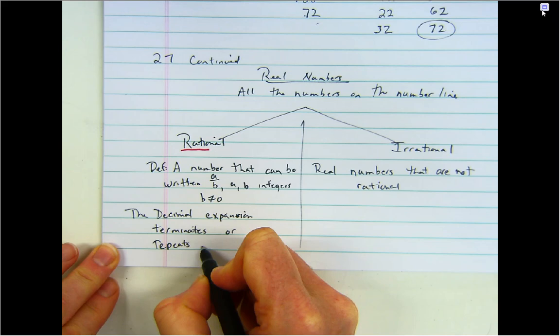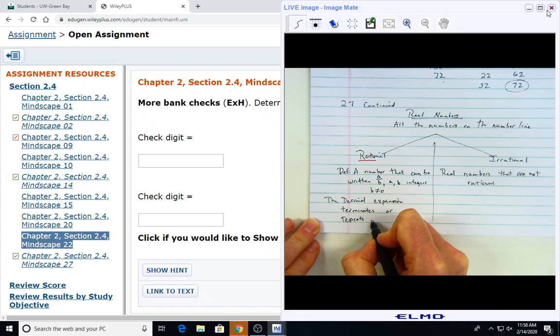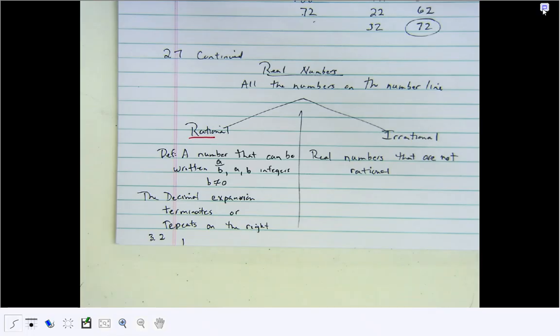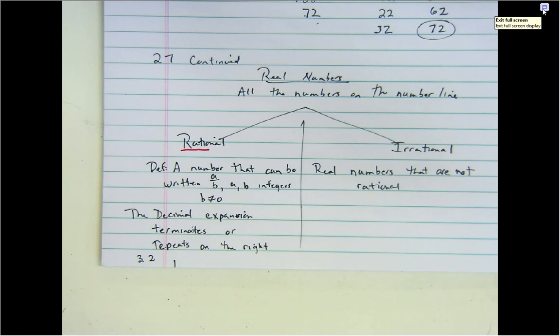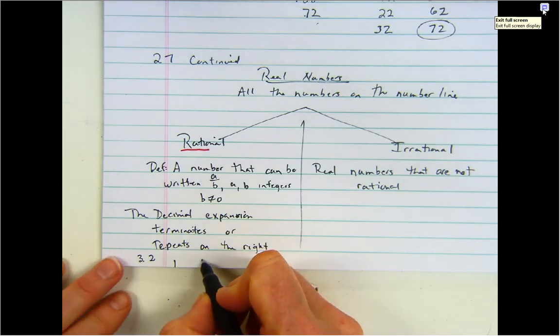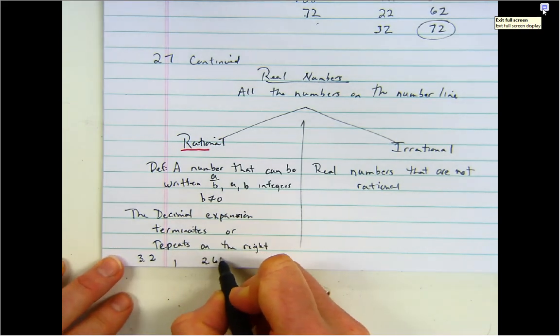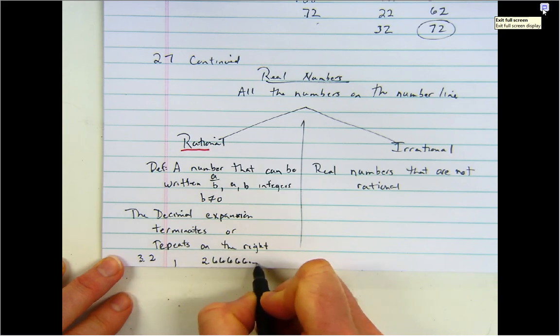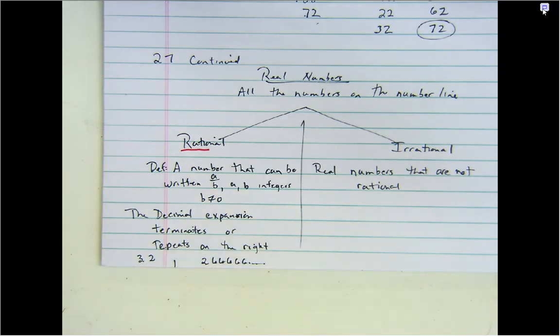So examples would be 3.2 for terminating. Thank you. Example would be 3.2 for just terminating, or repeating on the right, we could take 2.66666 dot dot dot. So the 6666 goes on forever, repeating itself.